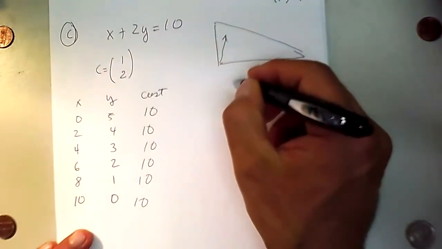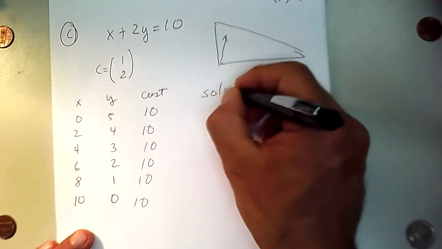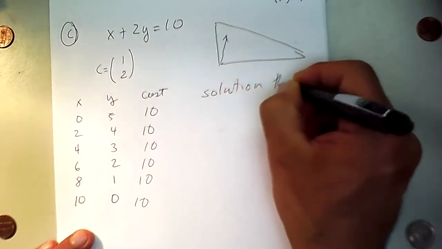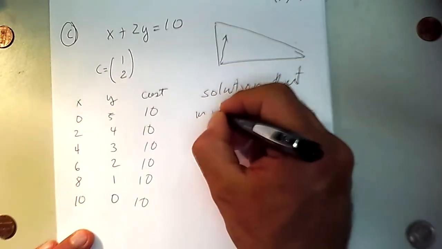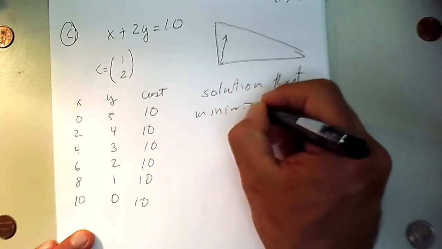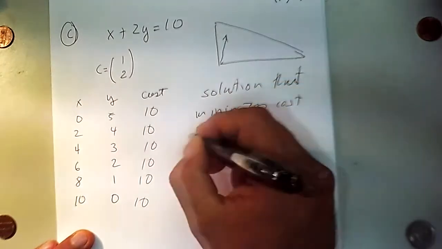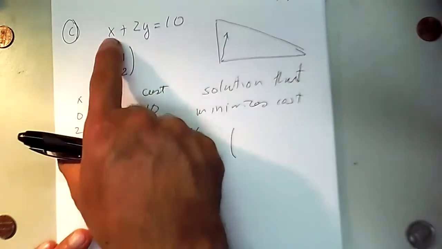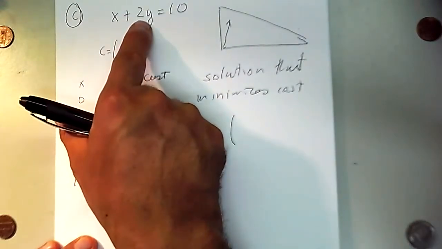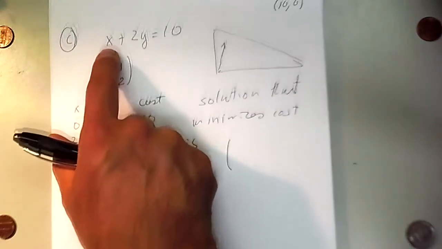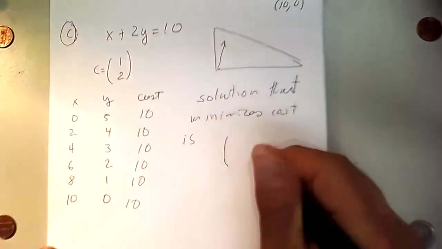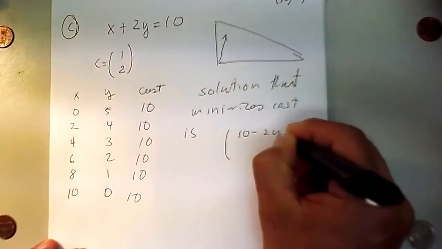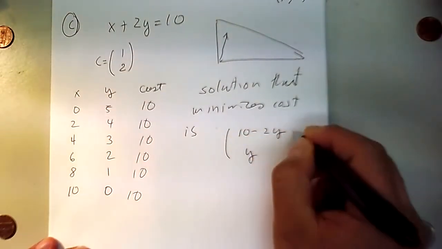So here, the solution that minimizes cost is, well, if y is free, then x would have to be 10 minus 2y, and then just y.